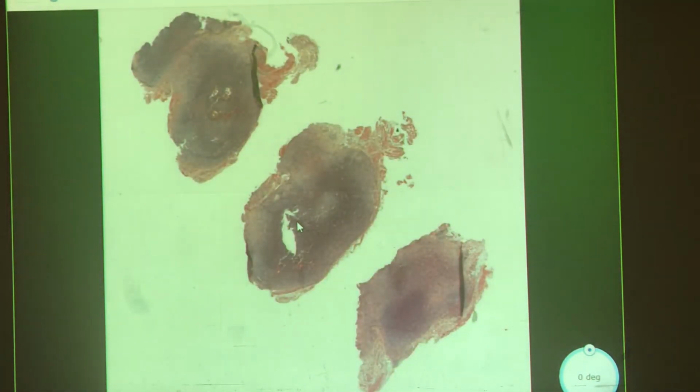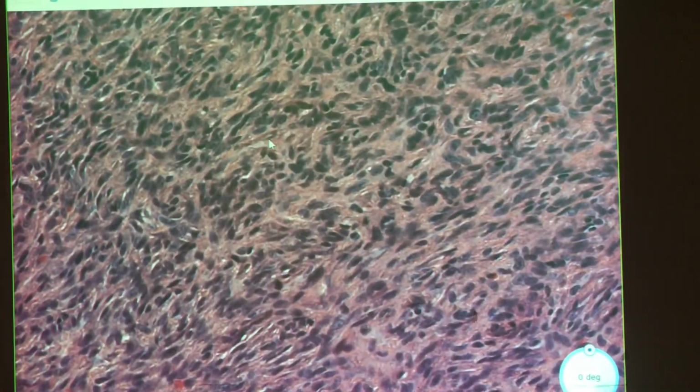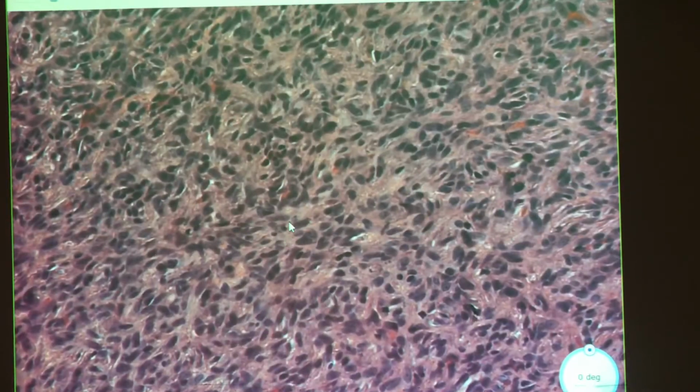Case 9. Okay. Our skin, very cellular, blue, spindly. Very spindly, very monotonous.